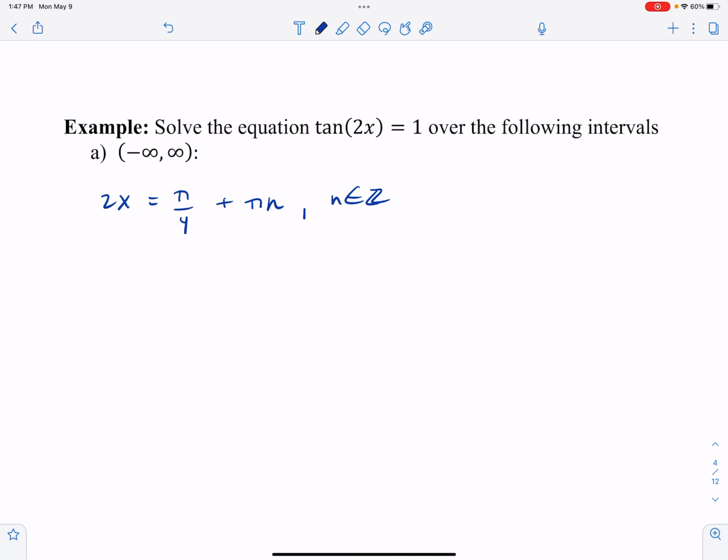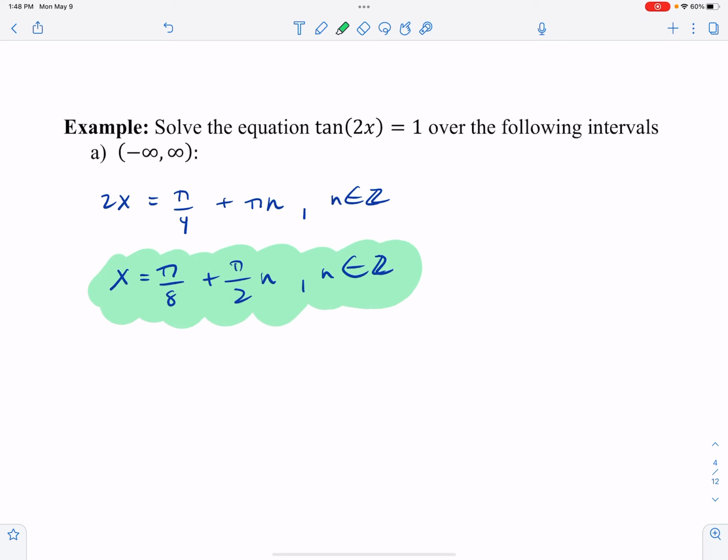That would make that a true statement. And then we need to finish isolating x. We can just think about dividing by 2. So we'd get pi over 8 plus pi over 2 n, where n is an element of the integers. So this would be our general solution set.